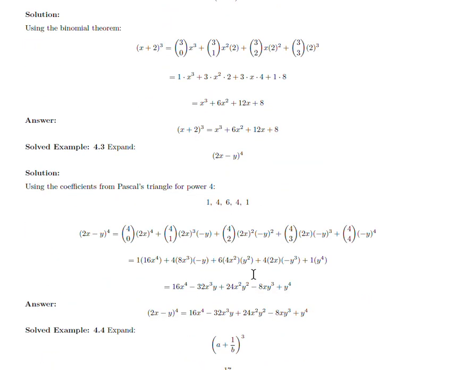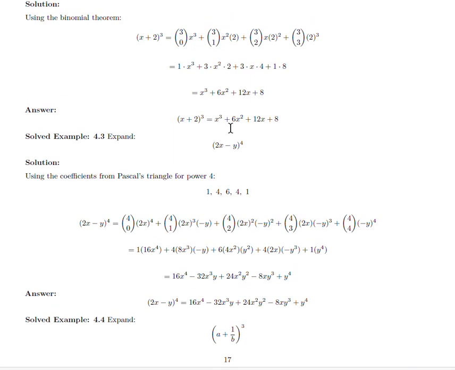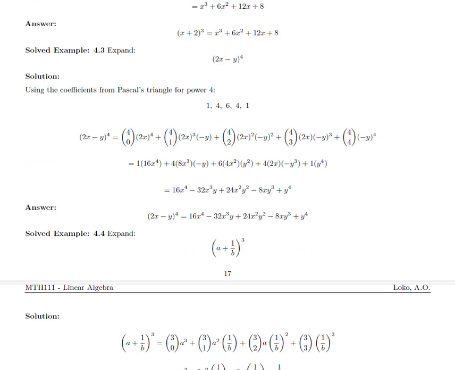We have a similar example here. In this example, we'll have a minus in our binomial. It's the same procedure. So to solve 2x minus y all raised to power 4, n is 4.